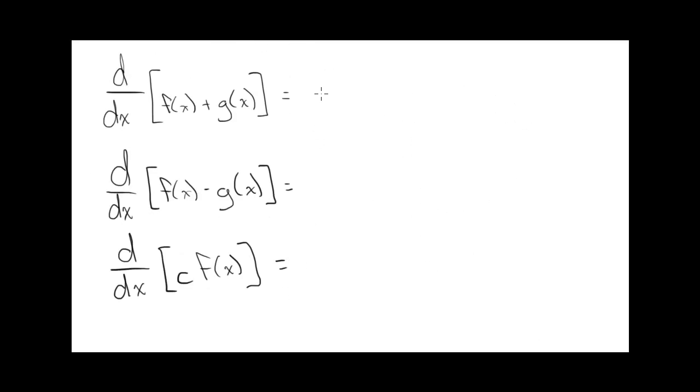Now we're going to put that rule together with 3 other rules. These rules are not specifically for functions, but for derivatives of ways of combining functions. Let's say you have the derivative of f plus g. The rule turns out to be that it's equal to the derivative of f plus the derivative of g.